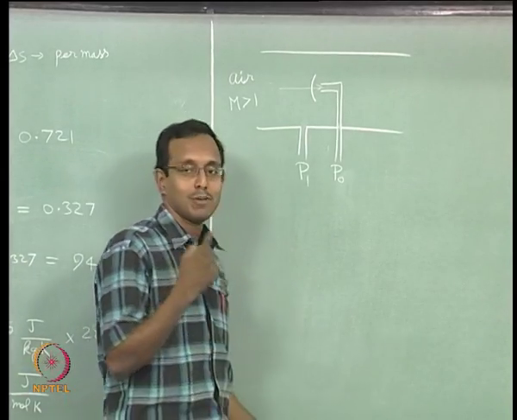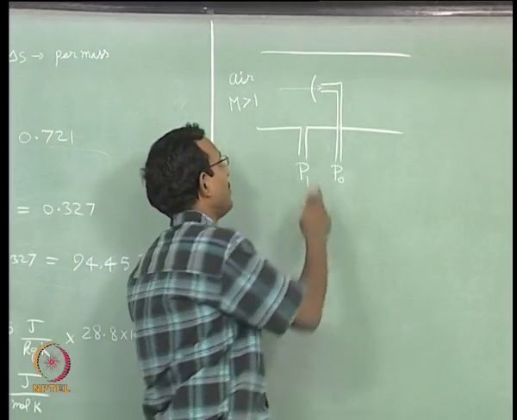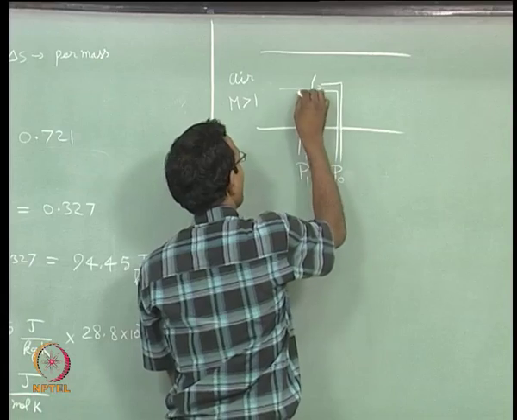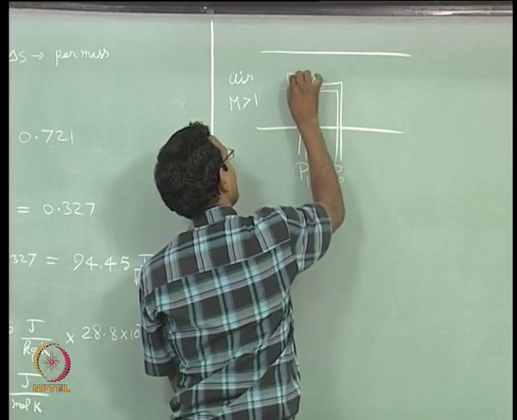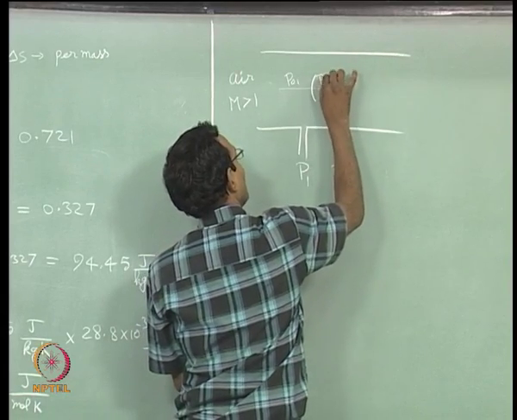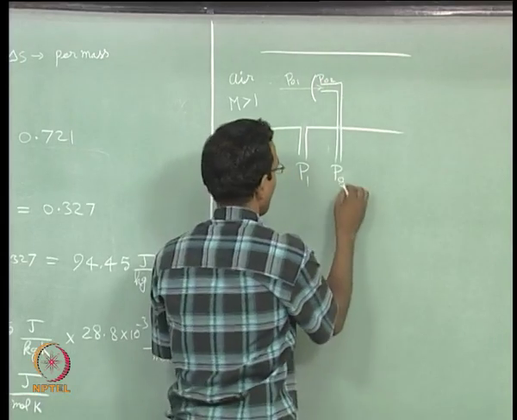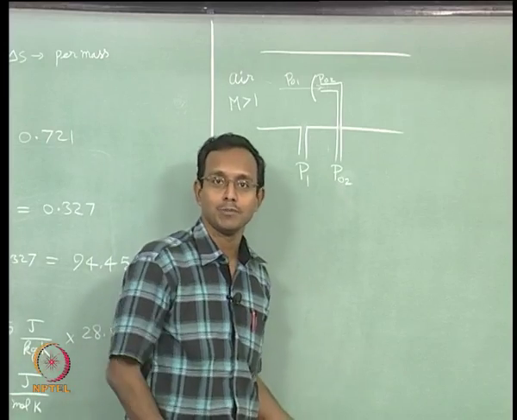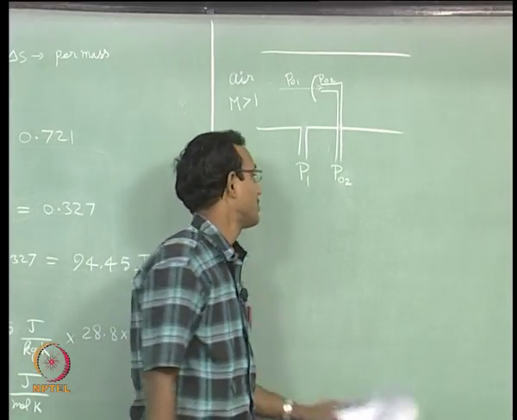If it sees a normal shock in front of it, P naught is going to decrease across the normal shock. So it will not be P naught 1, but it will become P naught 2 on the other side. Whatever I am measuring here will be P naught 2. It is not the stagnation pressure upstream of the shock, it is the stagnation pressure downstream of the shock.